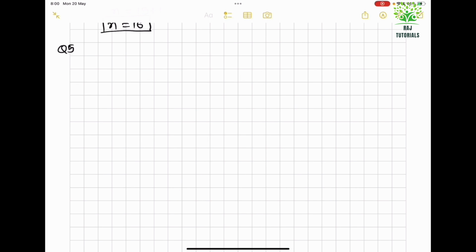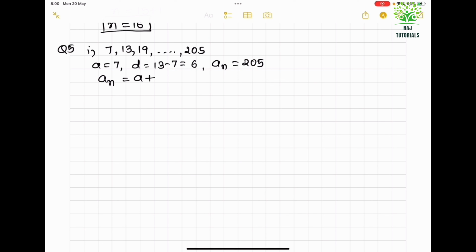That says find the number of terms in each of the following APs. A equal to 7, D equal to 13 minus 7. So 13 minus 7 will be 6, and AN equal to 205. So again the same formula, AN equal to A plus N minus 1 D. So 205 equal to 7 plus 6 into N minus 1.